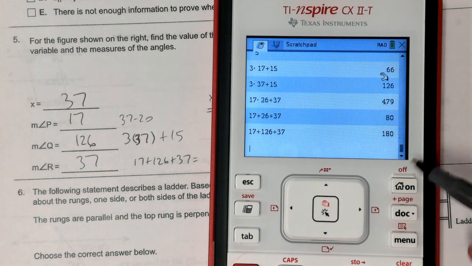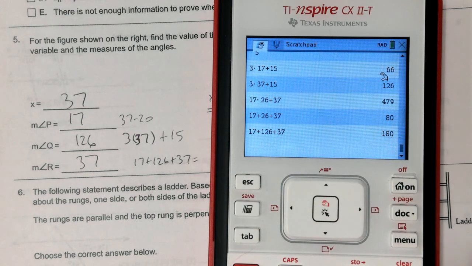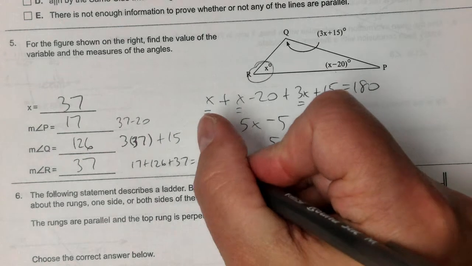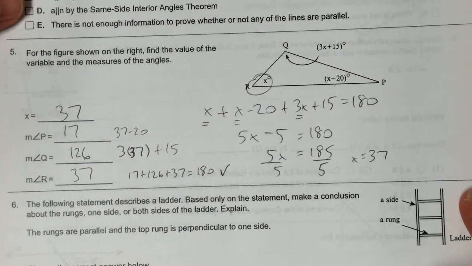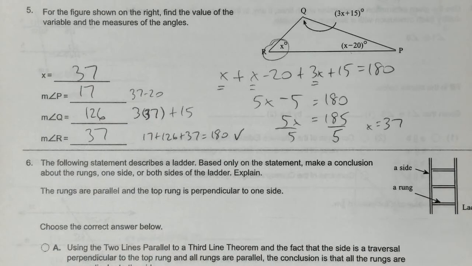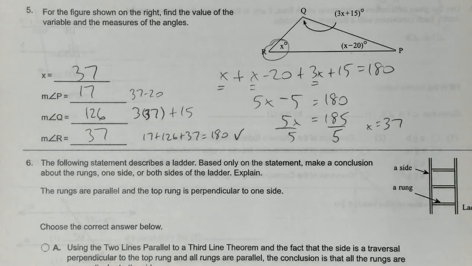There we go. 17 plus 126 plus 37 is 180. So that's your check. Any questions about that? So just remember, angles inside the triangle add up to 180.